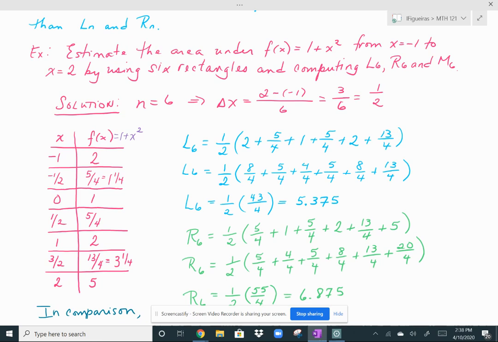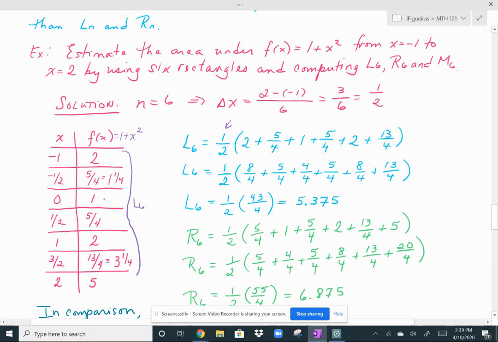So to compute the left-hand endpoints, you might have noticed this in the above example, but when you're computing the left-hand endpoints, you start with the first height and end with the second to last one, because you are not using the very last one, because that would be on the right of the last rectangle. So this is my width right here, and then I add up all of the heights that's in this purple line that I put here on the left.